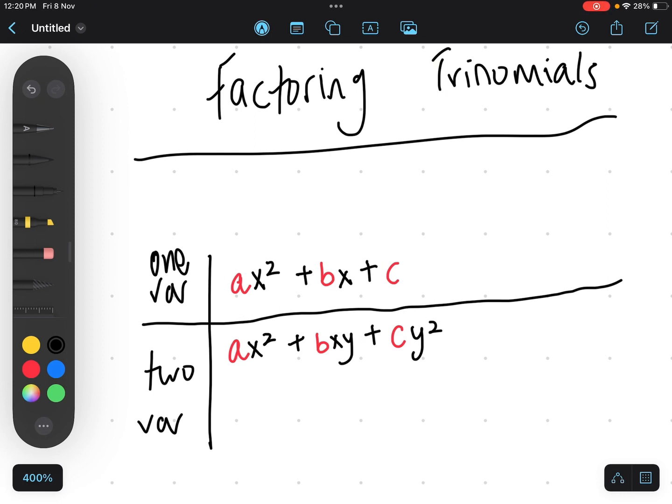Or we shift the y squared to a, and so our other form is ax squared y squared plus bxy plus c, where a is the coefficient of x squared y squared, b is the coefficient of xy, and c is just a constant term.